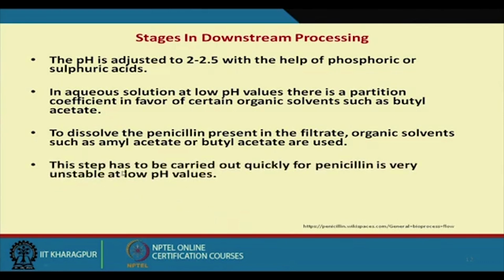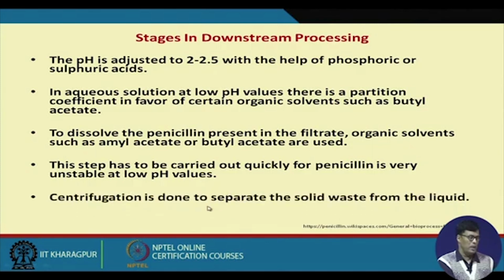These steps have to be carried out quickly, because penicillin, particularly penicillin G, is very unstable at low pH. Then centrifugation is done to separate the solid waste from the liquid.